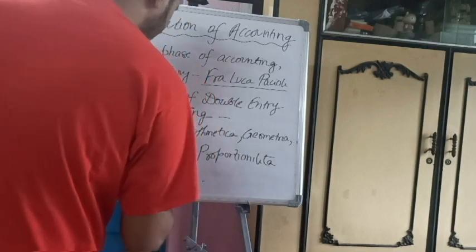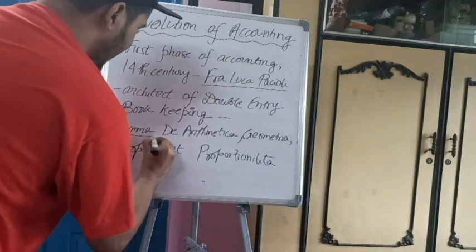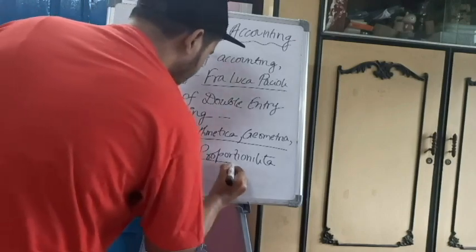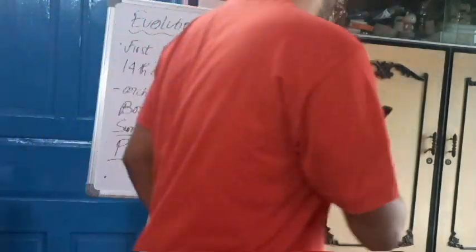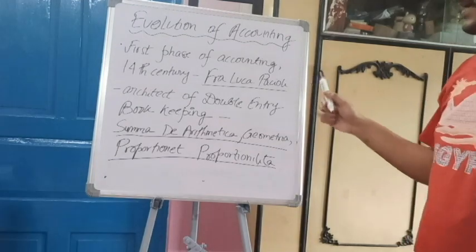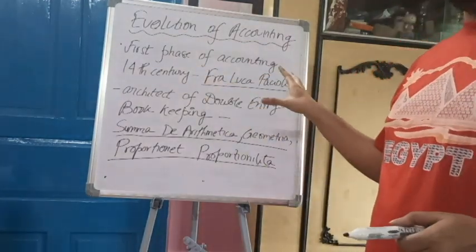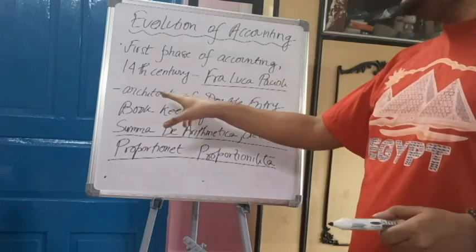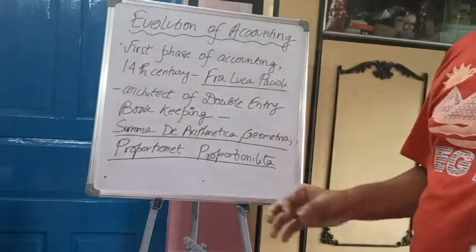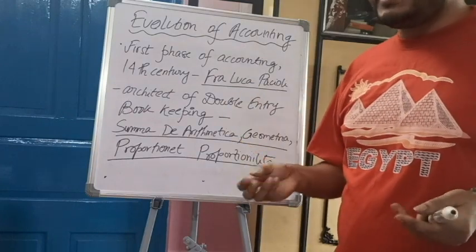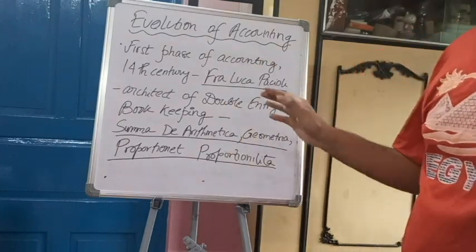So remember this name of the book, Summa de Arithmetica Geometria Proportionalita. Who wrote this book? Fra Luca Pacioli wrote this book in the 14th century. He was the modern pioneer of accounting, and he was the architect behind the double entry bookkeeping system. What is double entry? We will come to know about it a little later in this chapter.